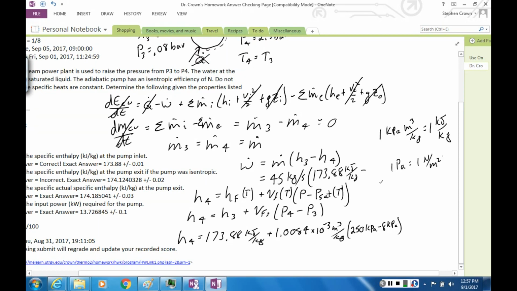So I've got a Newton per meter squared times meter cubed, which is a Newton meter, which is a joule. And so this gives me kilojoules per kilogram. Then finally I can do the calculation, and I'll get 174.124 kilojoules per kilogram. So don't forget to use kPa, or you can work out the units as shown here.